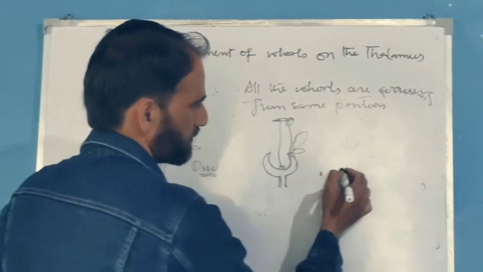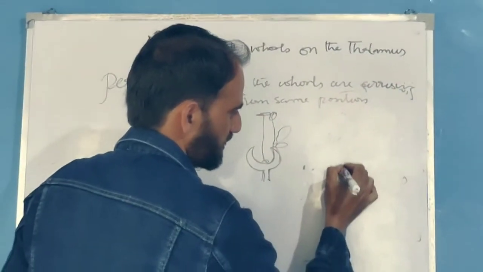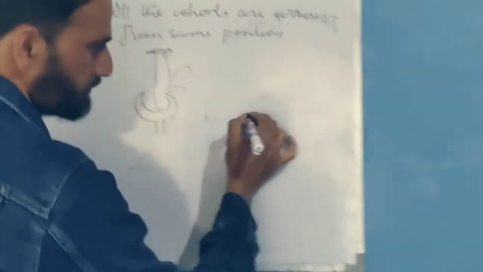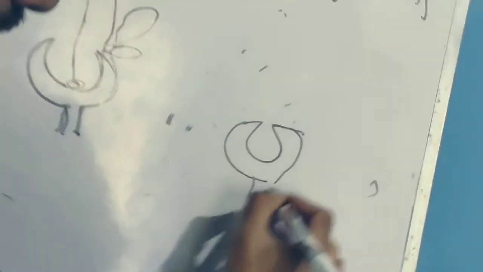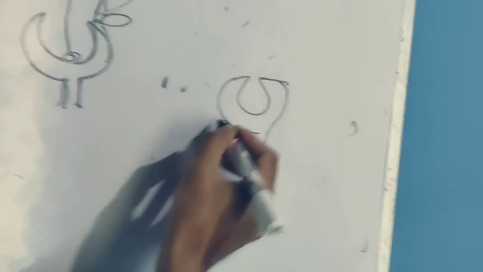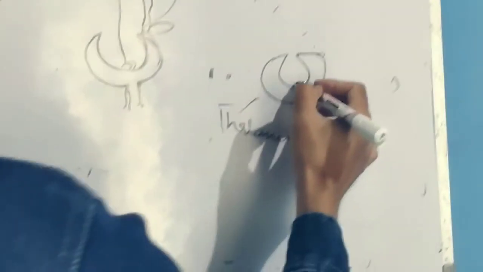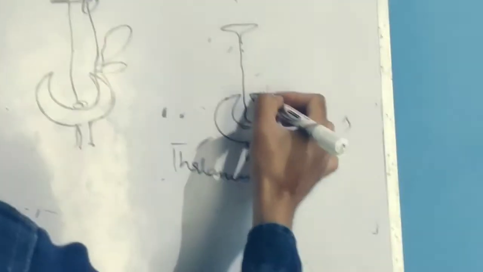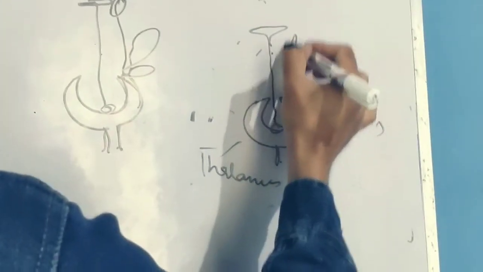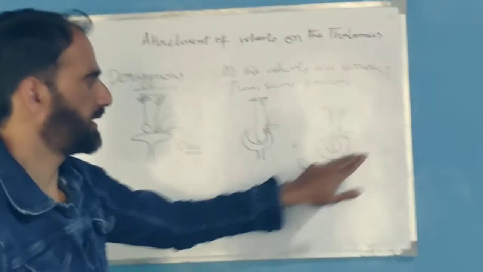We have one more type, where the thalamus is funnel shaped like this. This is the funnel shaped thalamus. From this position the ovary arises and the other three whorls arise from the top of the thalamus.